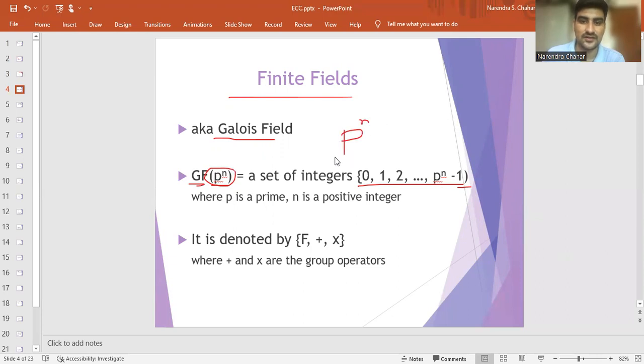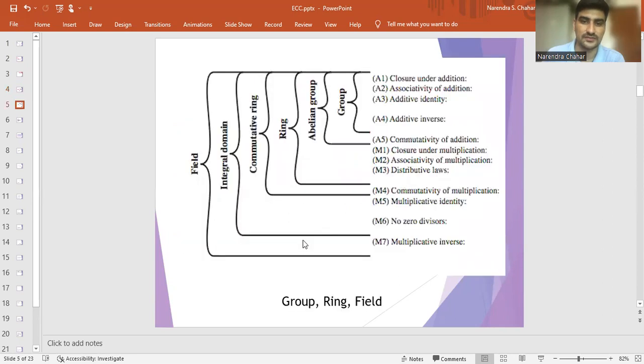This is a set of integers, a Galois field or finite field. It is denoted as F with plus and x, where plus and x are the group operators.